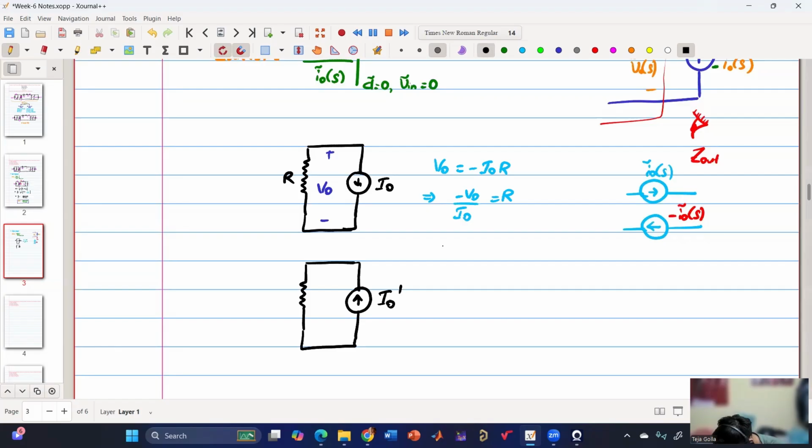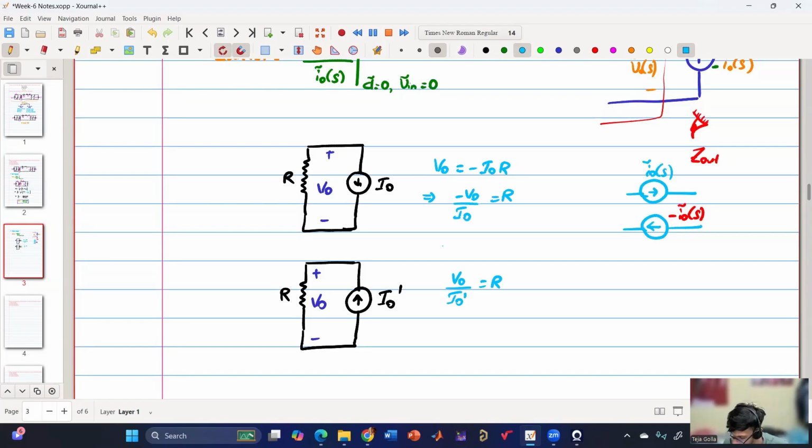I naught dash, R, plus minus V naught, and I have now V naught by I naught is R. So either I should supply it with a current I naught dash, or I can sink a current of minus I naught. Because of the direction of the current, I am putting a minus sign.